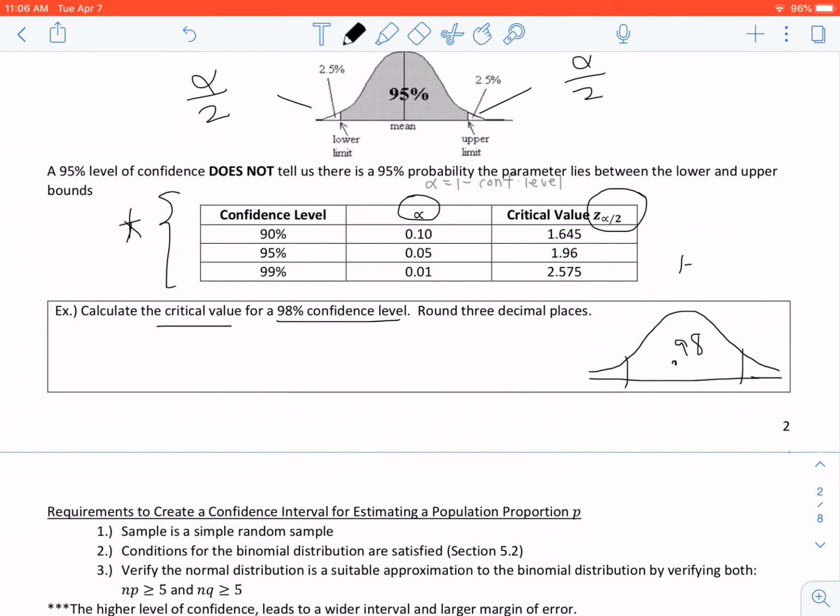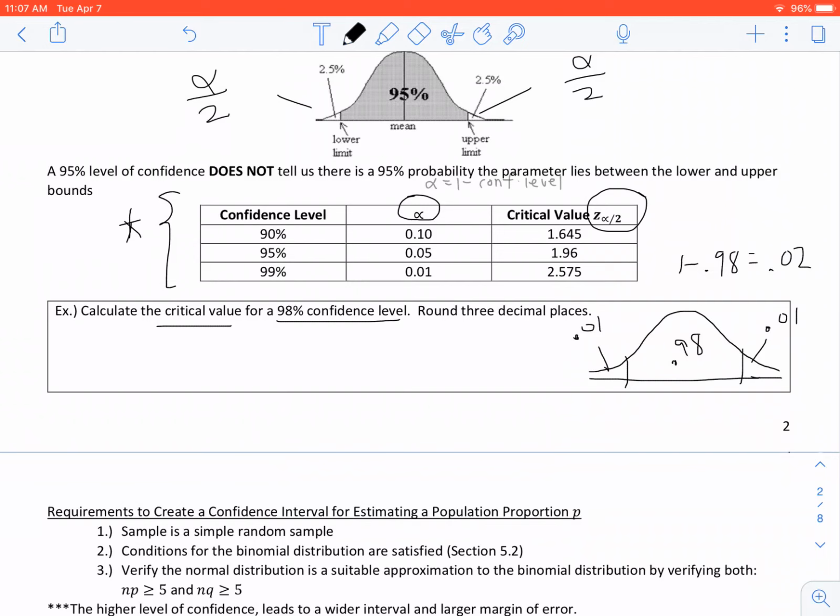And so 1 minus 0.98 is 0.02. Then splitting that into those two tails, dividing it by 2, we have 0.01 in each of these tails. And again, your total area under a curve should equal 1.